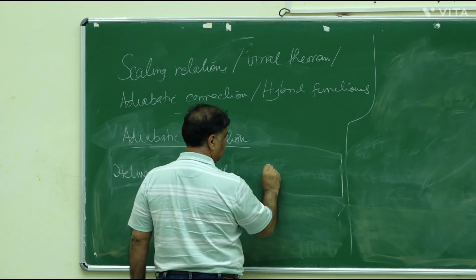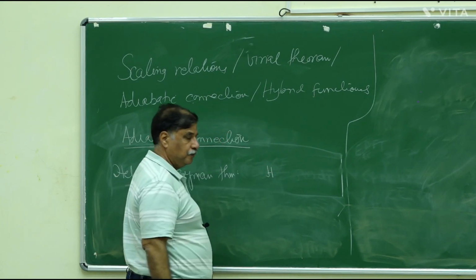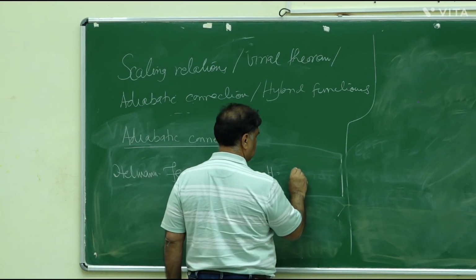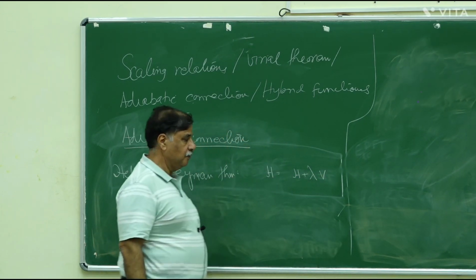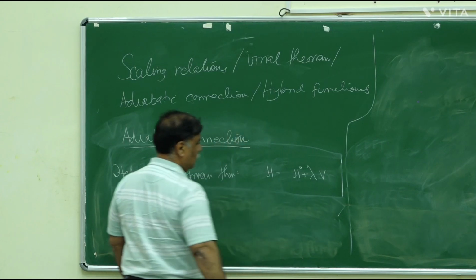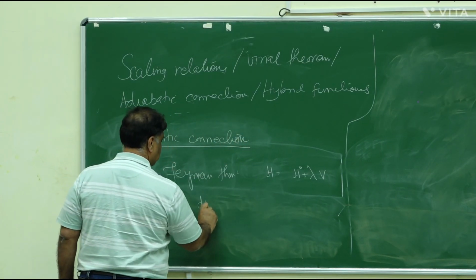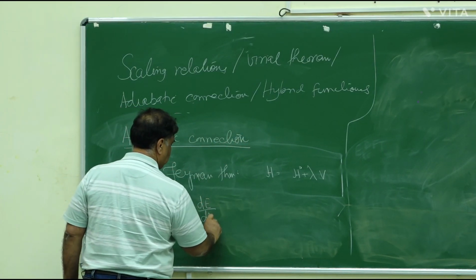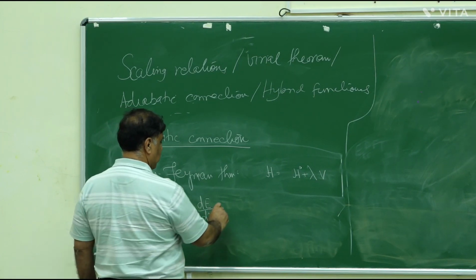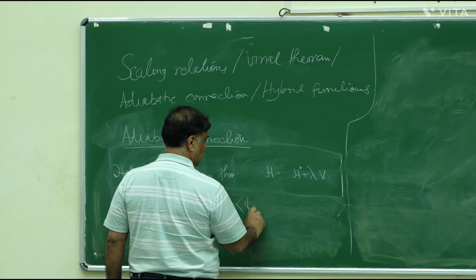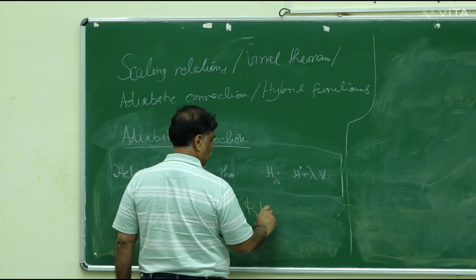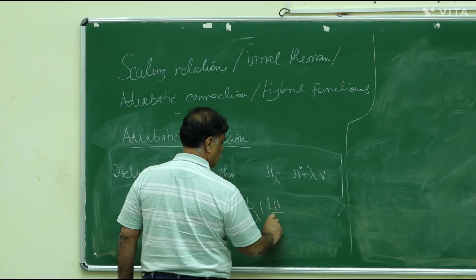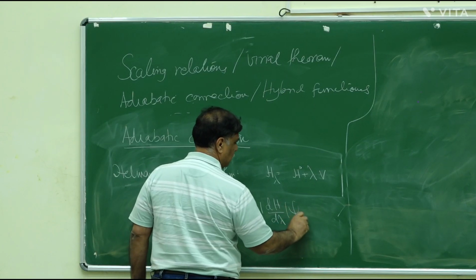It says that if a Hamiltonian is H_0 plus lambda V, then the derivative of the energy with respect to lambda is given as psi calculated for this Hamiltonian, dH by d lambda.